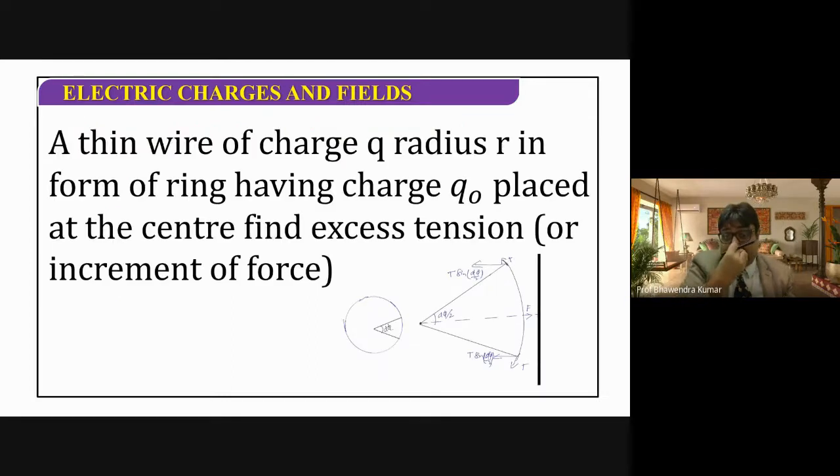Do you see this diagram here? What do we notice? There is a thin wire holding a charge of Q and a radius R in the form of a ring, having a charge Q naught placed at the center. So the circumference is holding a charge of Q and at the center we are holding a charge of Q naught. Naturally there will be a force of repulsion. Correct?